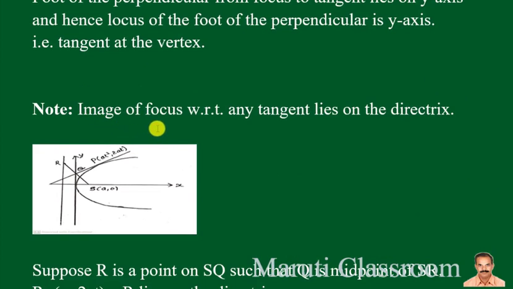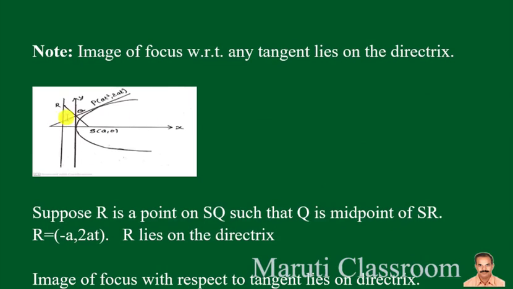Now, the image of the focus with respect to any tangent lies on the directrix. Just before, we proved the foot lies on the y-axis; now we have to prove the image lies on the directrix. Take a point R on SQ such that Q is the midpoint of SR. If Q is the midpoint of SR, definitely R is the image of S with respect to the tangent.